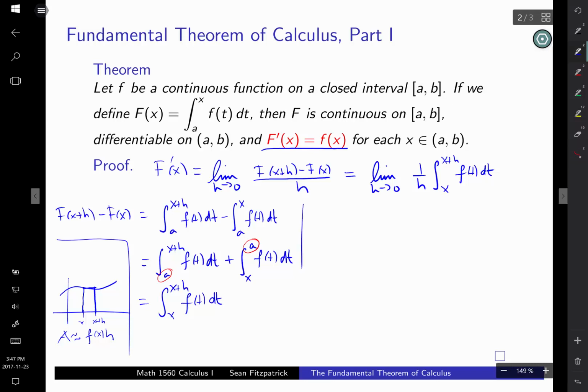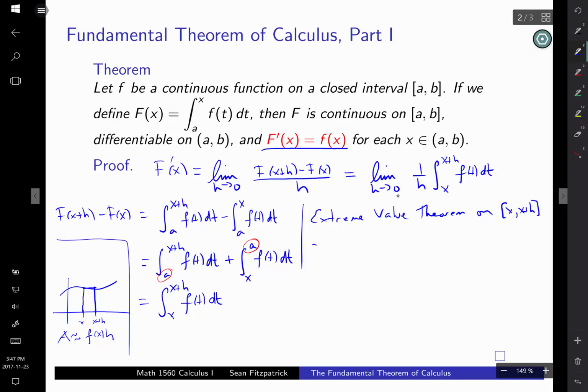Well, we know that little f is continuous. So if f is continuous, we can use the extreme value theorem on this interval from x to x plus h.